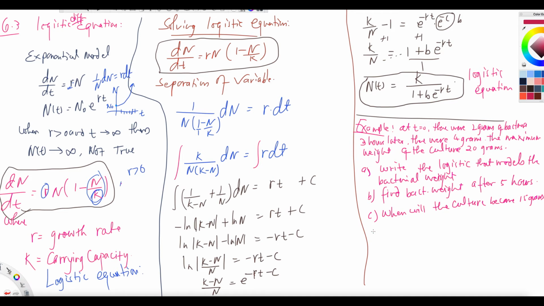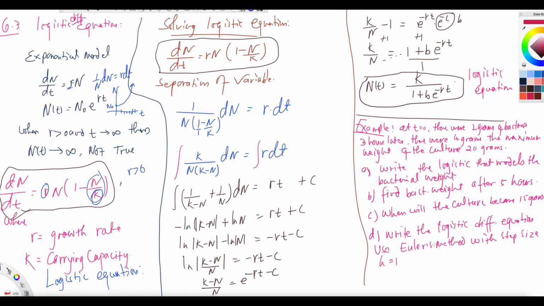That's question number C. And question number D is, write the logistic differential equation, and then use Euler's method. You know Euler's method, right? Euler's method with step size h equals 1.